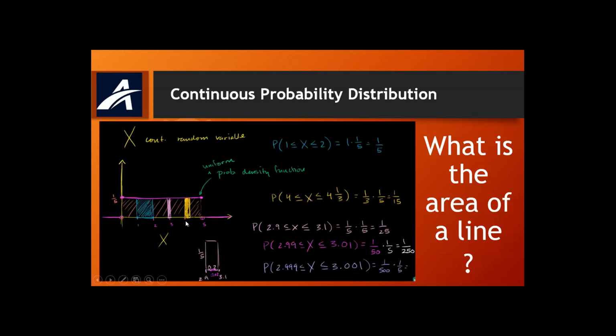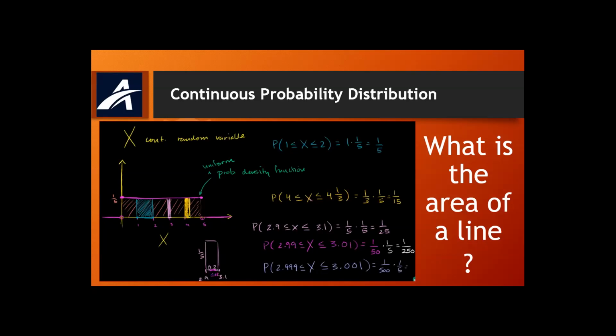So let's move to the yellow one, where we are looking at a smaller area. We choose arbitrarily a value of x that is greater than or equal to 4 and less than or equal to 4 1/3. These are arbitrary values that we can pick from the x-axis.